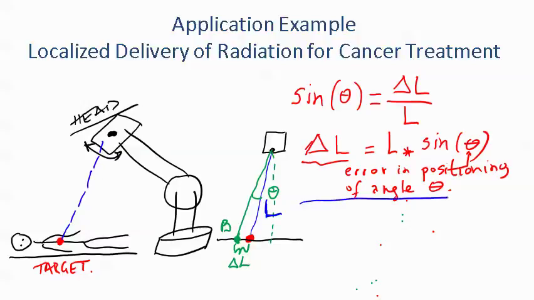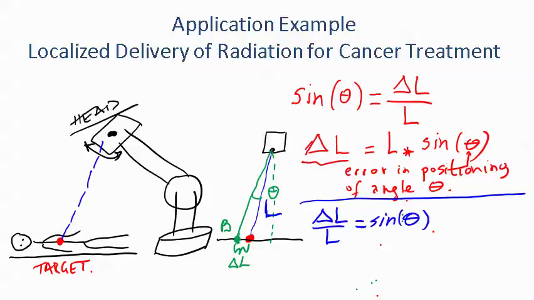Let us assume that we know delta L. We know the maximum offset that can be accommodated. Let's say it's 4 millimeters, 5 millimeters, or 1 centimeter. That's the allowable error, the allowable distance where the ray could hit. So let us rewrite our expression: delta L over L equals sine theta.